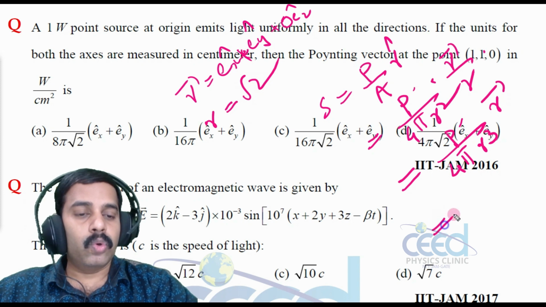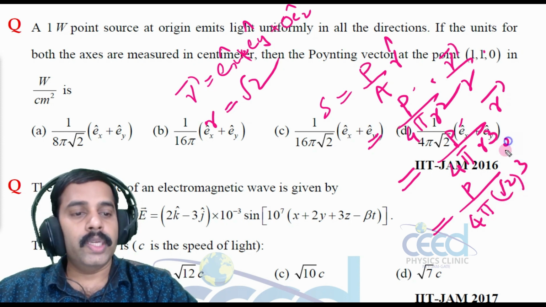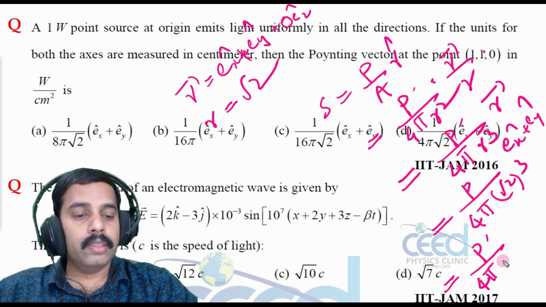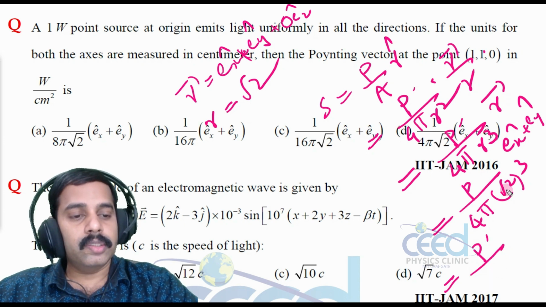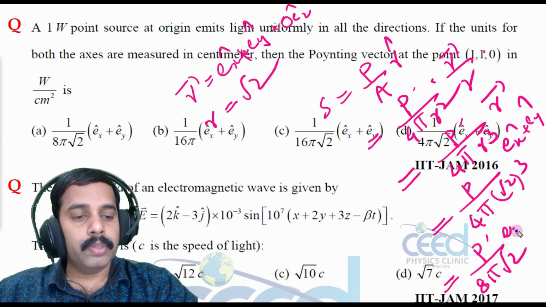So let me substitute all these values here, that is P by 4 pi then root 2 whole cube into r, where r is ex cap plus ey cap. So this is equal to P divided by 4 pi times 2 root 2, that is 8 pi root 2 times ex cap plus ey cap, right?